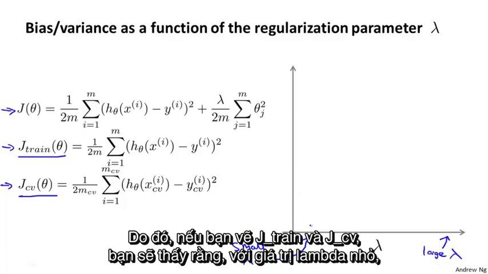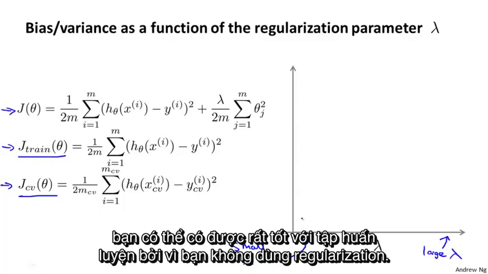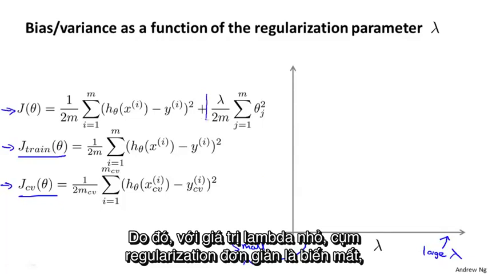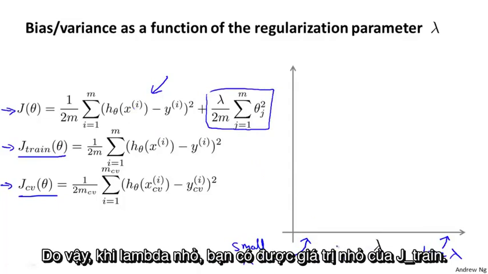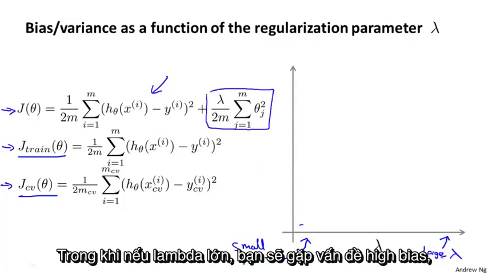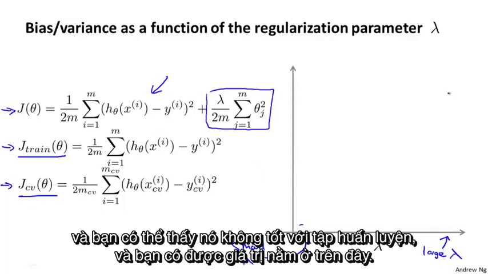So if you plot J-train and JCV, what you find is that for small values of lambda, you can fit the training set relatively well because you're not regularizing. So for small values of lambda, the regularization term basically goes away, and you're just minimizing pretty much the squared error. So when lambda is small, you end up with a small value for J-train. Whereas if lambda is large, then you have a high bias problem, and you might not fit your training set well, so you end up with a value up there.